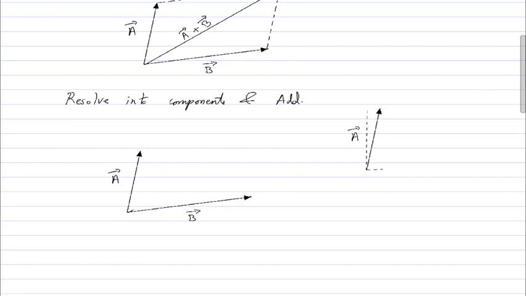And what we would have is we could resolve A into its x component, which is the magnitude of A times the cosine of the angle that it makes with the x-axis, and the y component as the magnitude of A times the sine of the same angle. The way I like to think about this is that the component that shares the angle with the original vector would be a cosine component, and the component that doesn't share the angle with the original vector is a sine component.